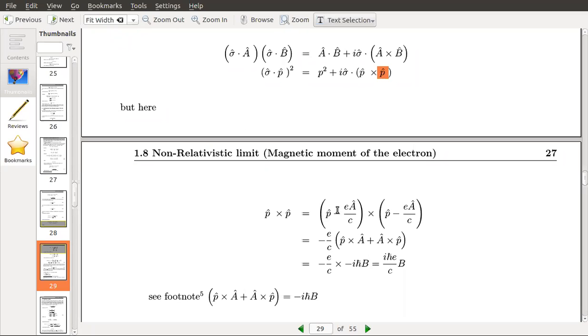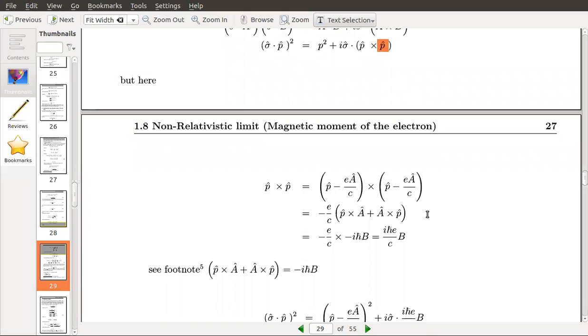Now what remains is P cross A and A cross P. Out of these 4 terms, 2 terms become 0, since cross products of the same quantity are 0. So finally this becomes minus e by c, e by c is common, then P cross A plus A cross P.